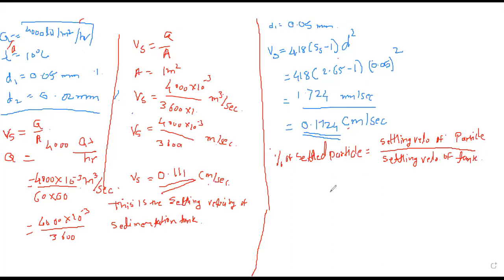So what is the settling velocity of particle for 0.05 mm? The settling velocity of particle is 0.1724 upon settling velocity of the tank. It is calculated as 0.111. Since you are finding percentage, you need to multiply it by 100.